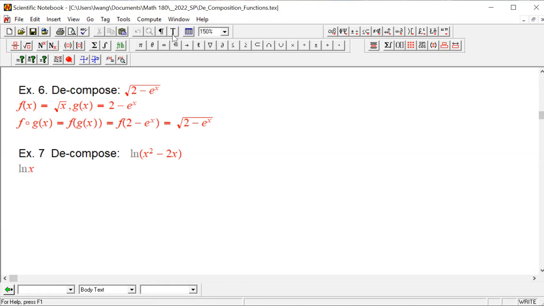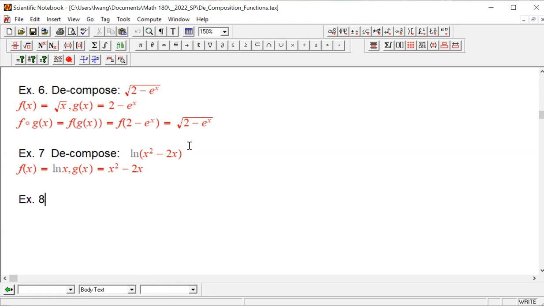So the outside function will be f of x equals ln x. The inside function is g of x, which is going to be x squared minus 2x. Okay, actually 3 more examples.